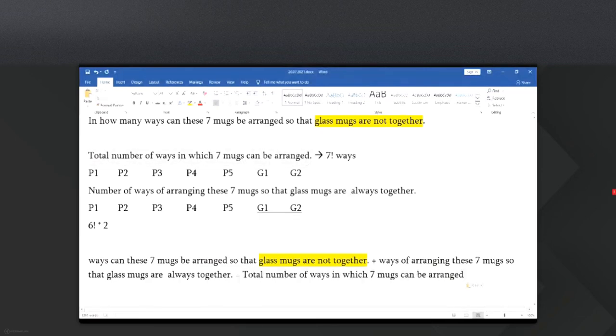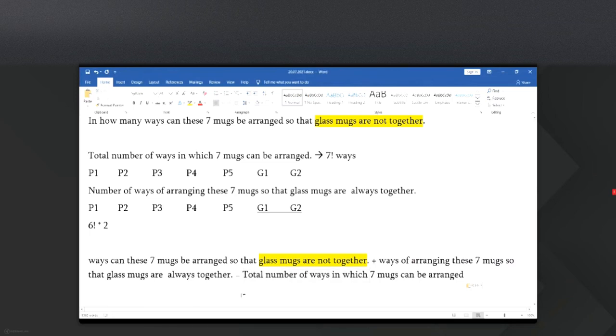This is the base fundamental formula in permutation and combination, guys. The number of ways in which you can do something plus the number of ways in which you cannot do something will be equal to the total. So you use this and you will get the answer here.